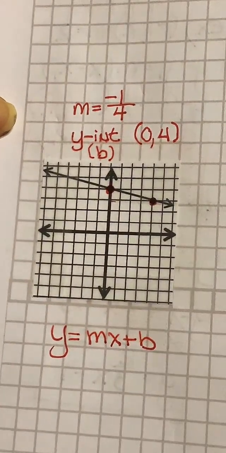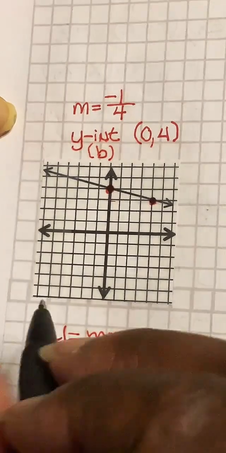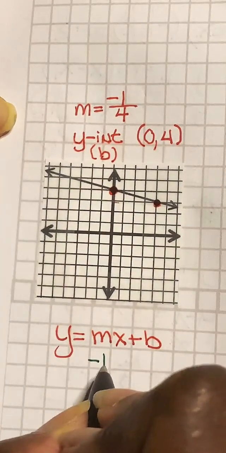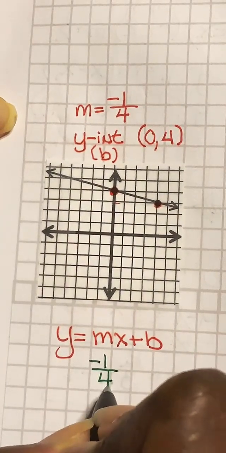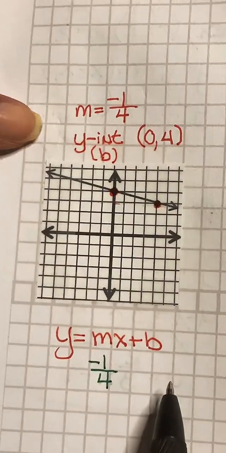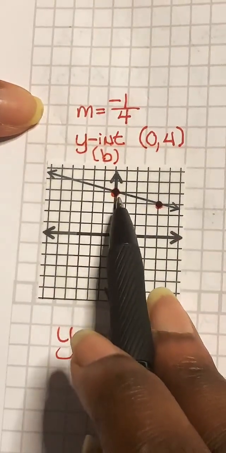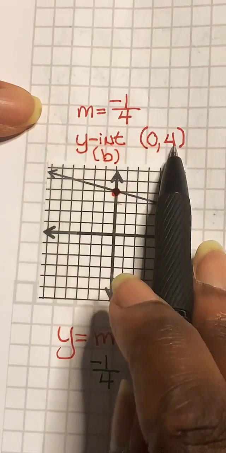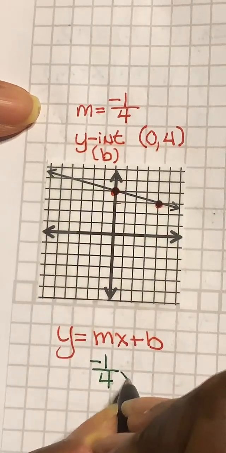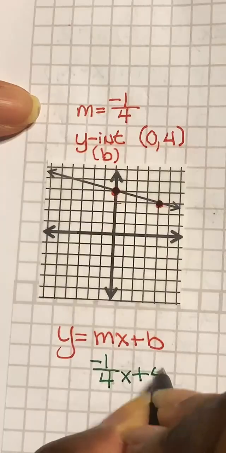The m is your slope, which is negative 1/4. The b is your y-intercept, which is positive 4.